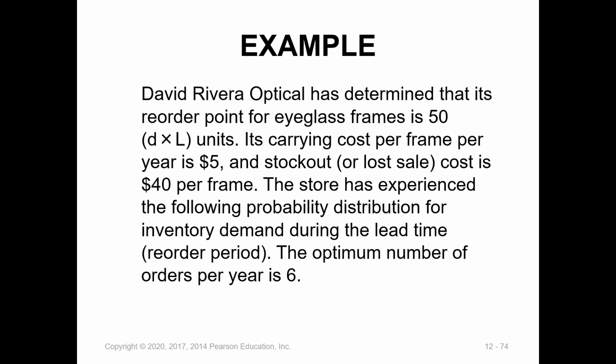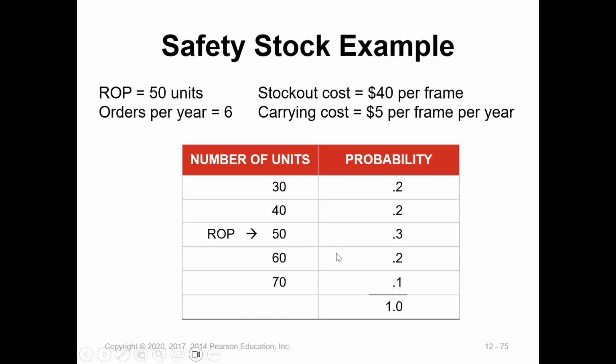Somebody comes and says, I want this eyeglass, and they don't have it, so they lose $40. The store has experienced the following probability distribution for demand during the lead time. The optimum number of orders per year is 6. Orders per year 6, stockout cost 40, carrying cost 5 per year.